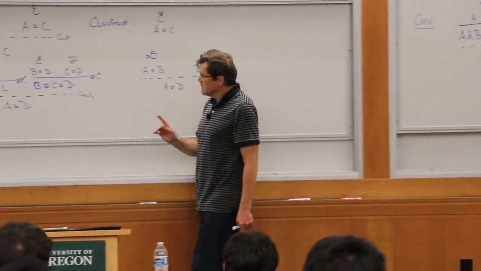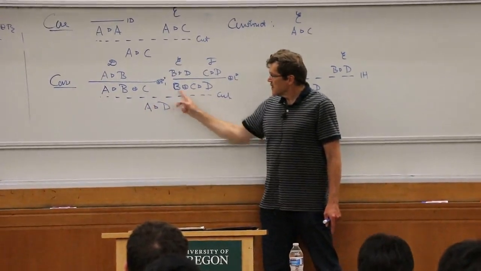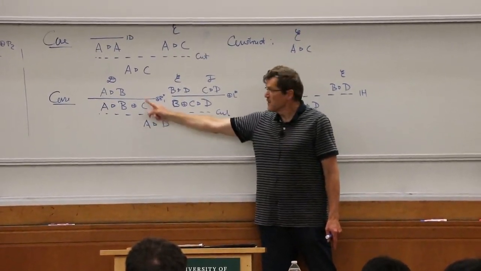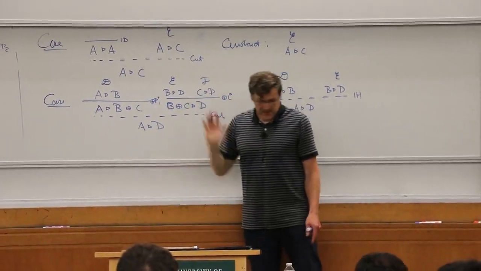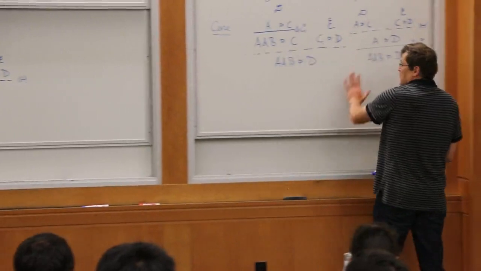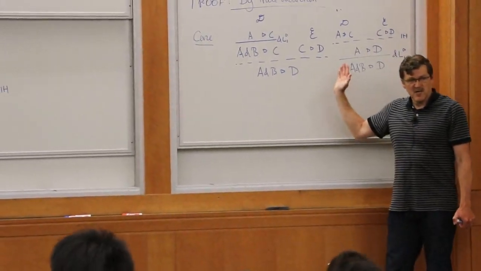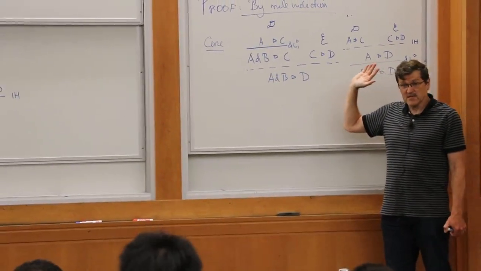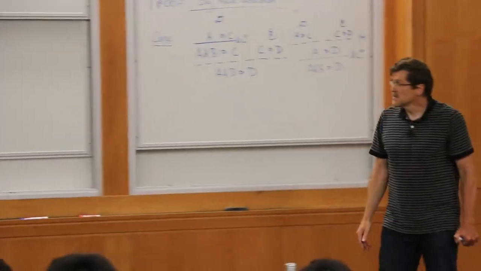And what we observe is that in a rule like this, the cut formula, the cut proposition B plus C, gets smaller and it becomes B. We don't need that here, but in general we need that. And then we need to know that in these cases the proofs get smaller. So there the proposition gets smaller and here the proofs get smaller. But here all the proofs always get smaller, so it's actually a simpler proof than what usually happens.